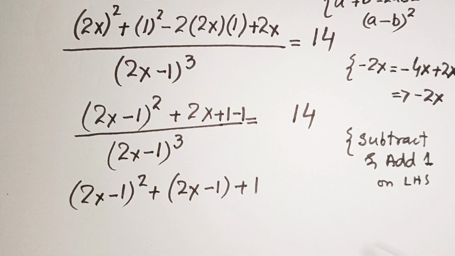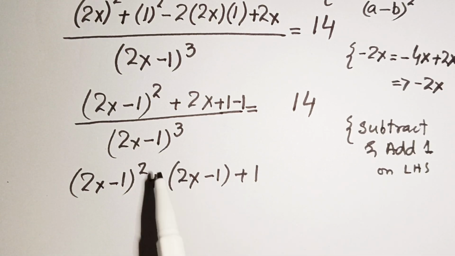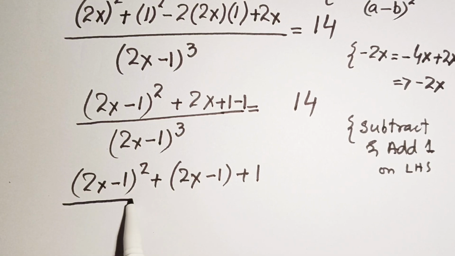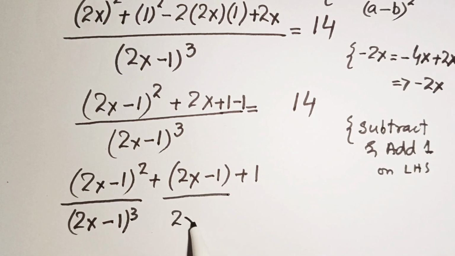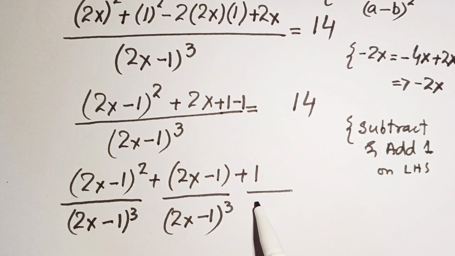So here we have three fractions, and we write the denominator separately with these numerators, so we get three different fractions, each with (2x minus 1) whole cubed, and 1 over (2x minus 1) whole cubed, equal to 14.